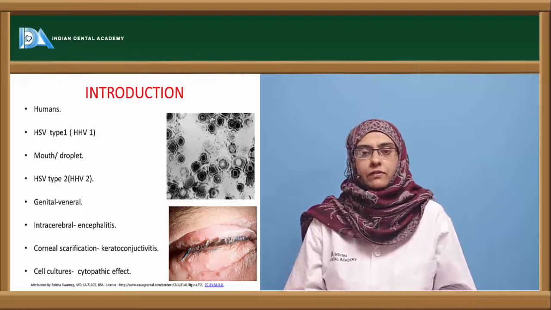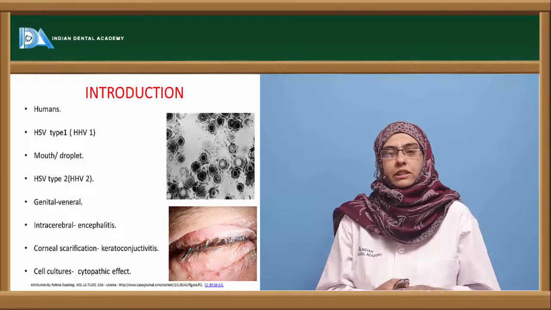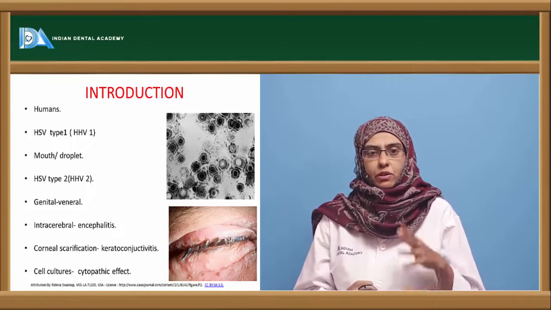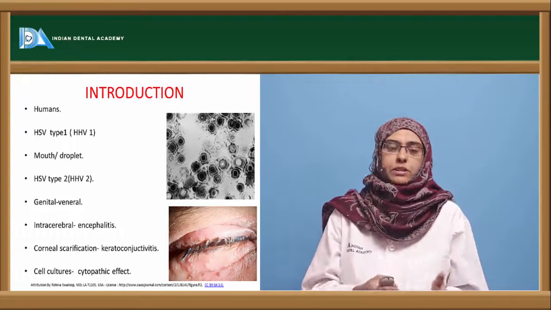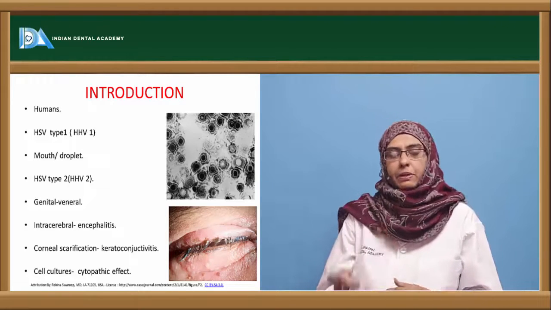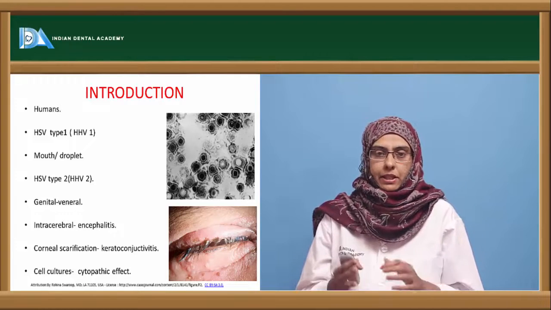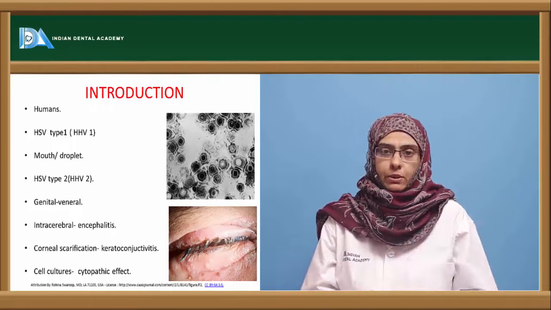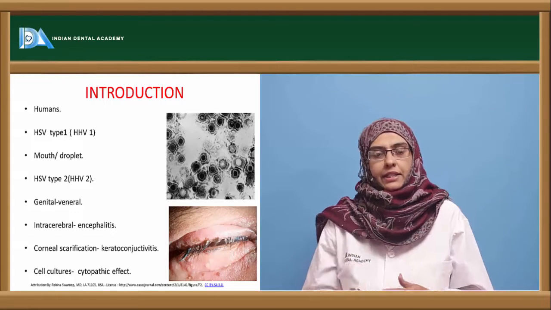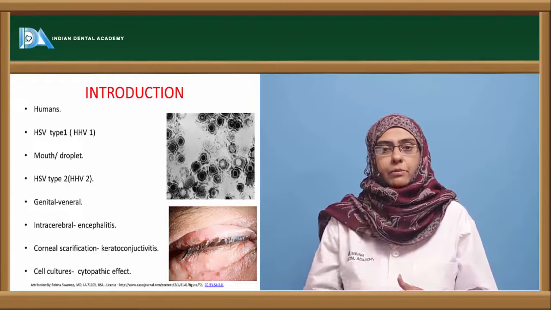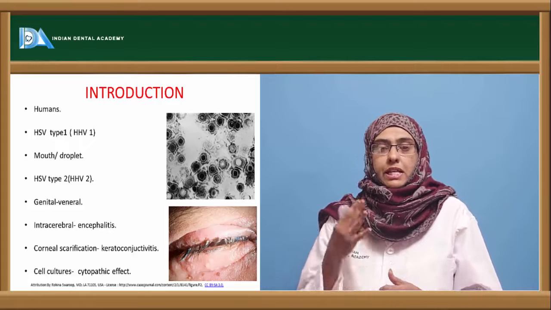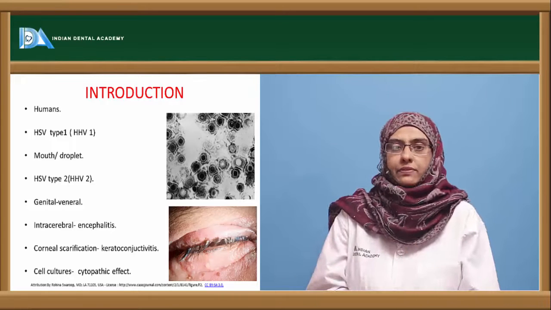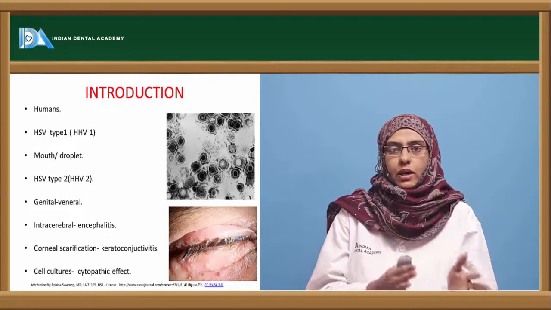Coming to the introduction of this herpes simplex virus, these organisms have the ability to cause infection only in humans, and it can be induced experimentally in some experimental animals, but exclusively this particular infection is only for humans. Based upon their characteristics, the type of lesion they produce, and the site of multiplication, you can classify the herpes simplex virus into 1 and 2.